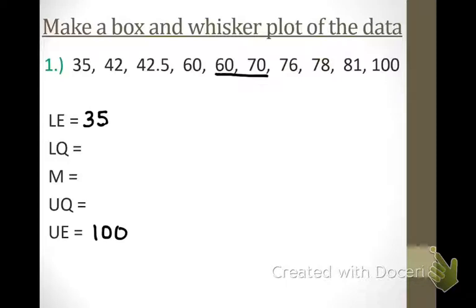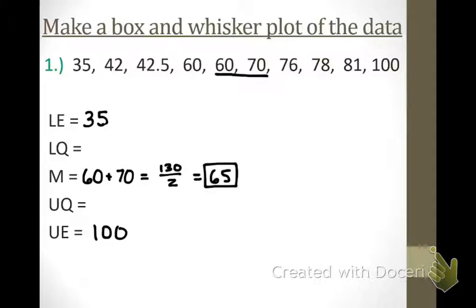No, I really can't. So my goal is to figure out what number comes in between a 60 and a 70. There's a way we can do that by finding the mean. How do I find the mean? You add them up. So we're going to add these 2. What's 60 plus 70? 130. And then I have to divide by the number of numbers in that data set. There were 2 numbers that we just added. So what do you think 130 divided by 2 is?